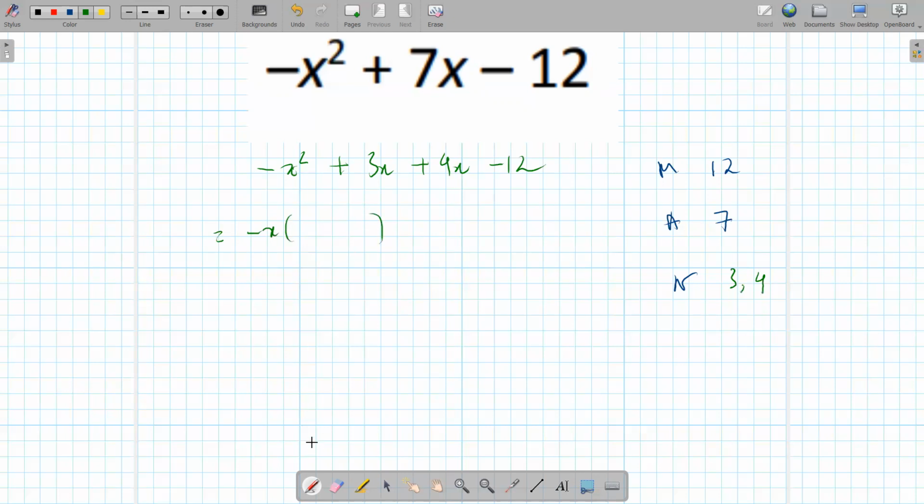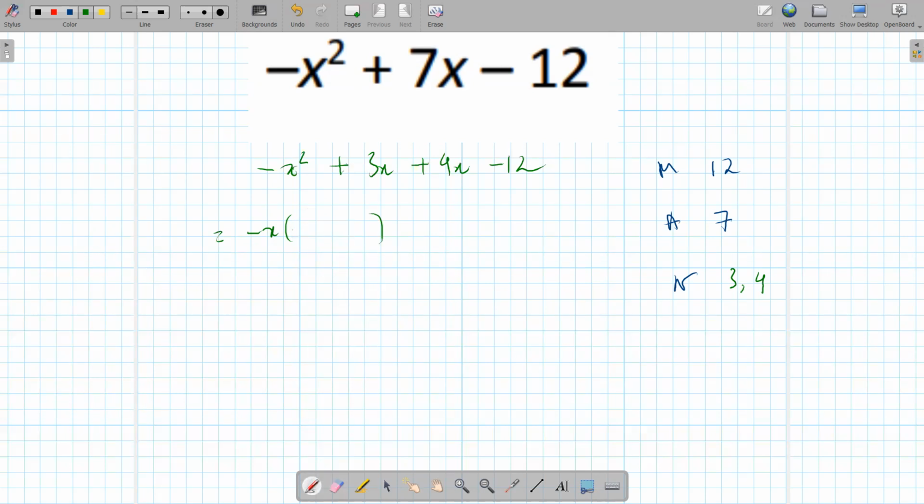What are we left with in the bracket? X plus 3. No, we pull out a minus x, so minus x plus 3. No, it's going to be x minus 3.